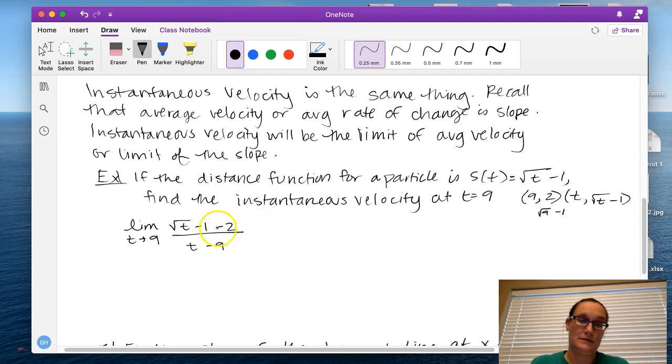So then we want to simplify this a little bit. Hopefully foreshadowing, you can see that we're going to multiply by the conjugate because we have a square root in there. But before we do that, we want to simplify. So square root of t minus 1 minus 2 is square root of t minus 3. And we're going to go ahead and multiply by the conjugate to solve this limit.